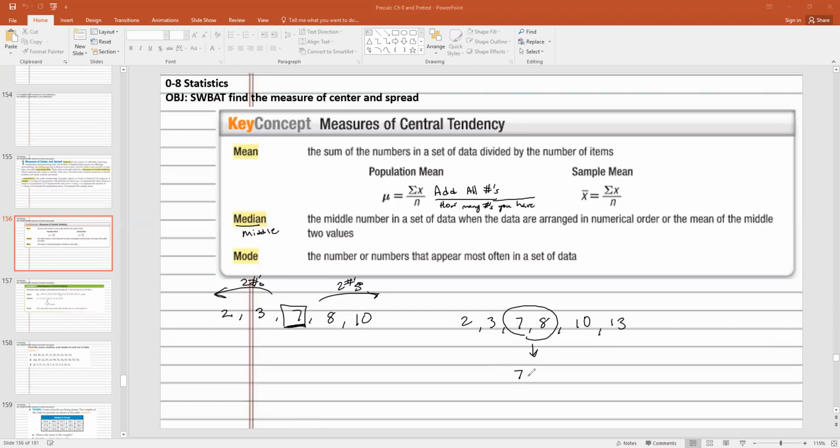You add them together, 7 plus 8, and then divide by 2, since you're adding two numbers. 7 plus 8 is 15, divided by 2 is 7.5. And that's what your median would be. That's for an odd number of numbers, and here, an even number of numbers.